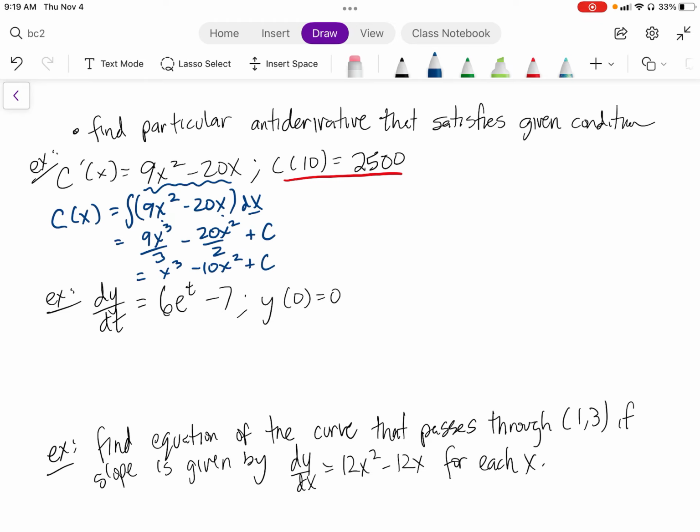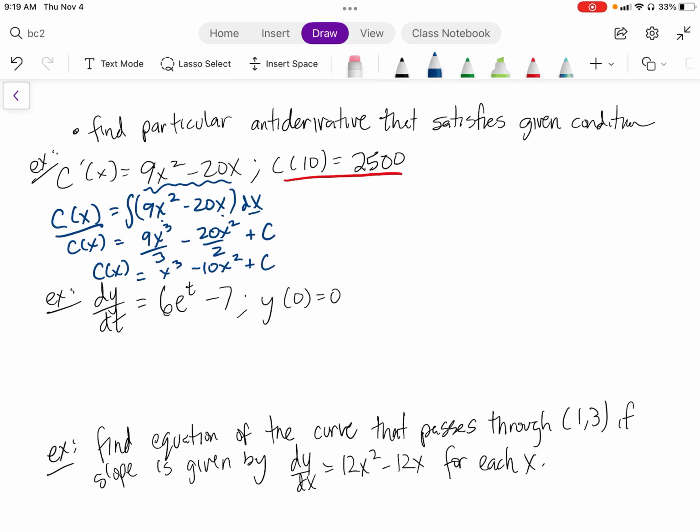Now, this condition tells me, okay, let me backtrack one second. I didn't write the left-hand side, C of x. Often, if you don't write it, then it's implied that this is everything on the right. But I wanted to write that because I'm going to need that notation for the next step.